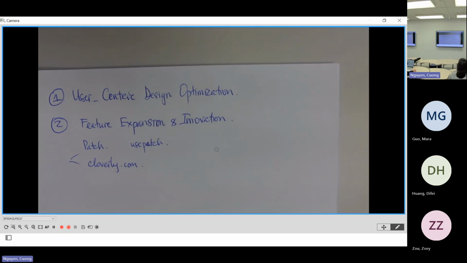So they introduce a lot of initiative into their product. For example, they have a project with ways to conserve oxygen for kids.